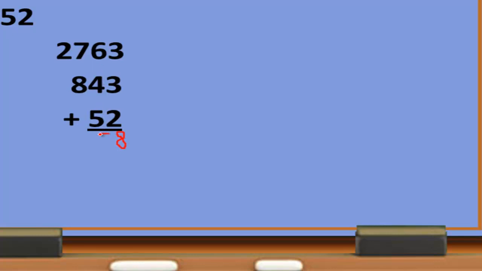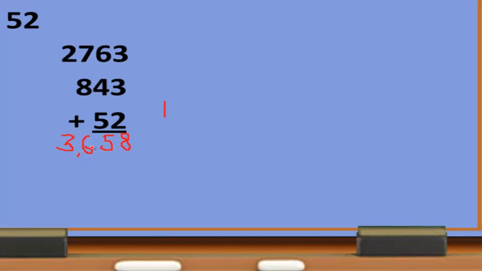We write 5 here, and we put here 1. 7 plus 8 is 15, plus 1 is 16. Therefore, we write here 6, and we put here 1. 2 plus 1 is 3. Therefore, the answer is 3,658.